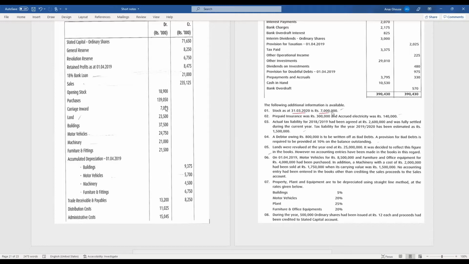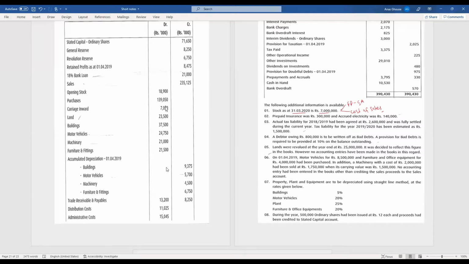This 7 million has to be recorded in two places: in the financial position under current assets as stocks, and also when you calculate the cost of sales.